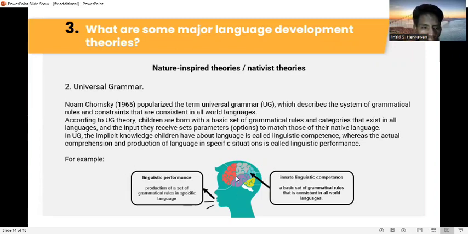So for more understanding, we can see the illustration below. Children have innate linguistic competence or innate ability, such as a basic set of grammatical rules that is consistent in all world languages.